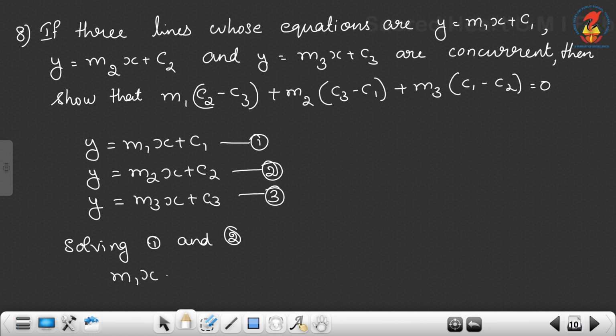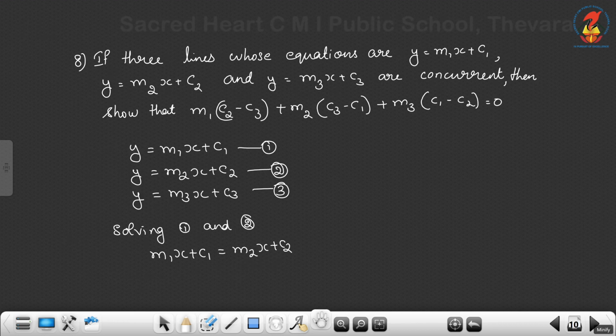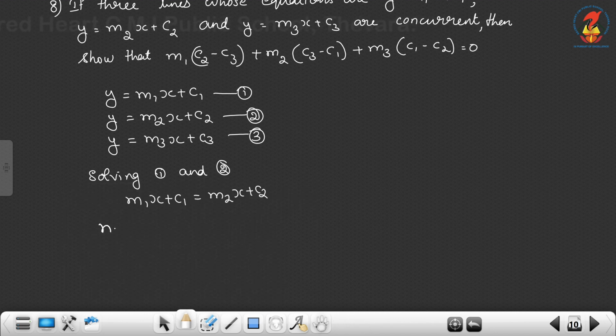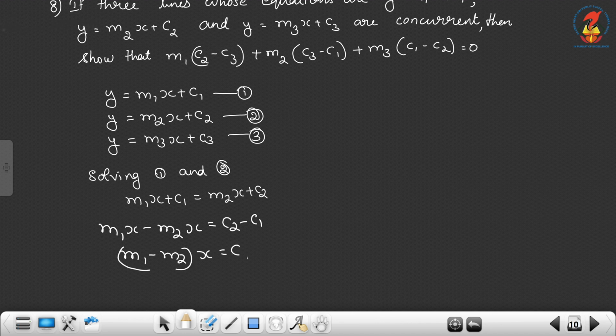So m1x plus c1 is equal to m2x plus c2. Now we take x to the left-hand side: m1x minus m2x is equal to c2 minus c1, or m1 minus m2 into x is equal to c2 minus c1, or x is equal to c2 minus c1 by m1 minus m2.